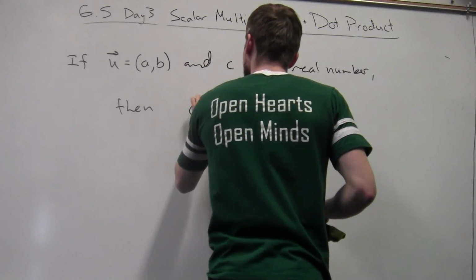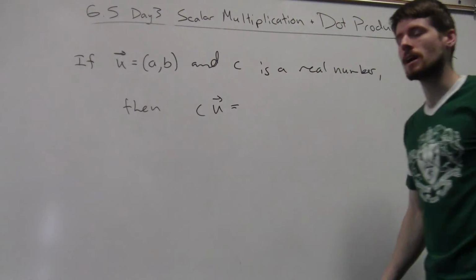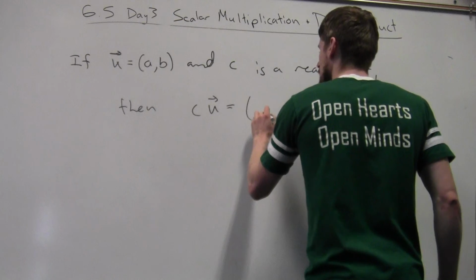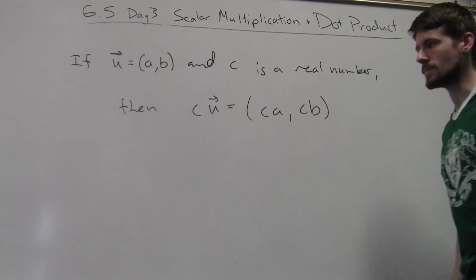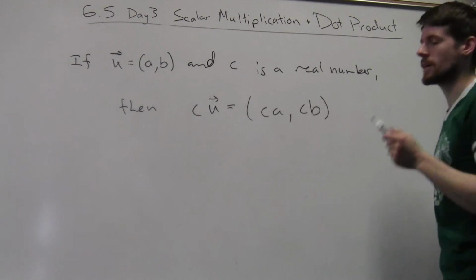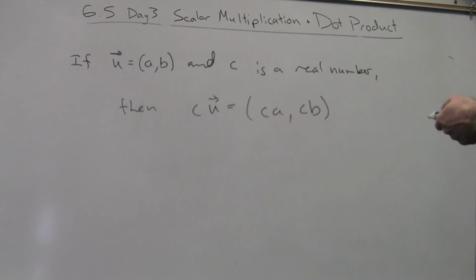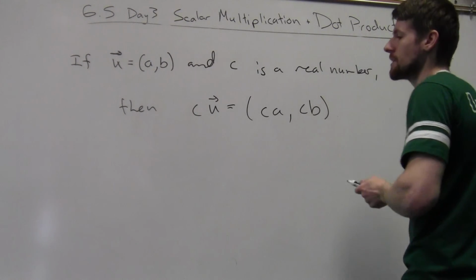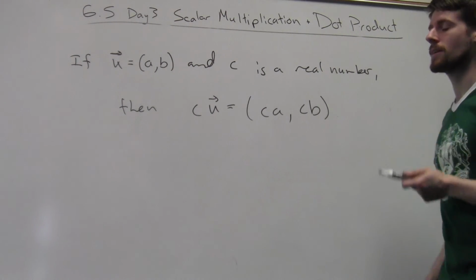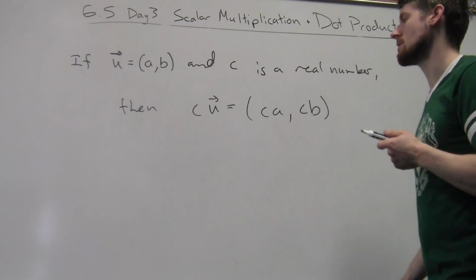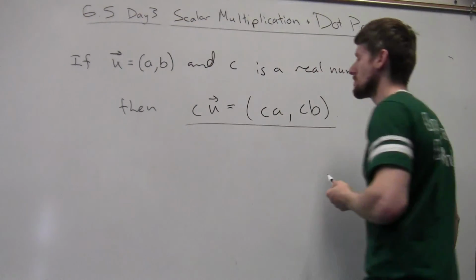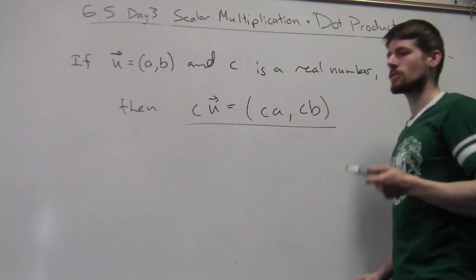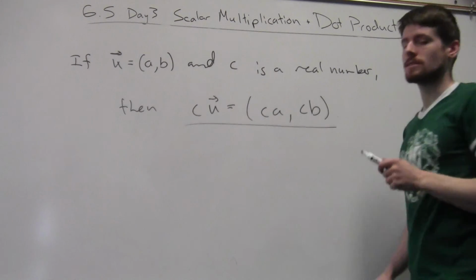Then cu, the vector c times u, is just equal to (ca, cb). Your homework assignment will have you show why this is true using the original definition. So then you've got to bring the cosine and sine pieces into it to show that this is true. But this is another way to get at scalar multiplication. It multiplies the first coordinate and multiplies the second coordinate.